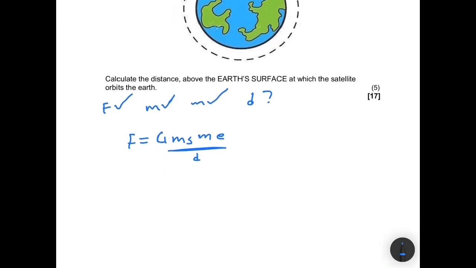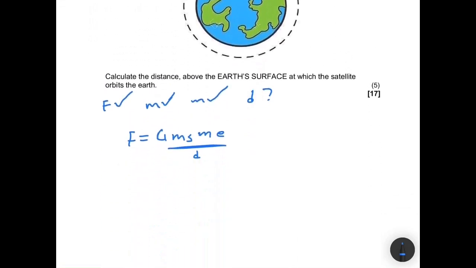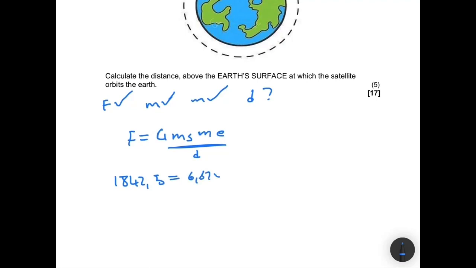So F is given to us, 1,842.5, being equal to that capital letter G, right? Which is a constant. It's 6.67 times 10 to the minus 11.